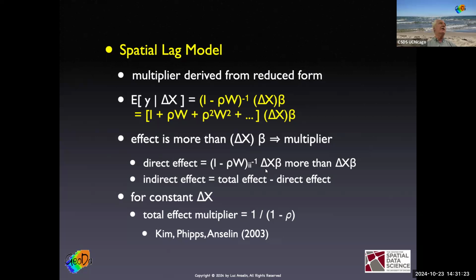So everything is very nicely split out. If you're only concerned with the overall effect, you don't want to know about this split. Total effect, very easy to calculate. But if you want to know what exactly is, in a sense, internal and what is external, then you can split them up into direct and indirect effects.